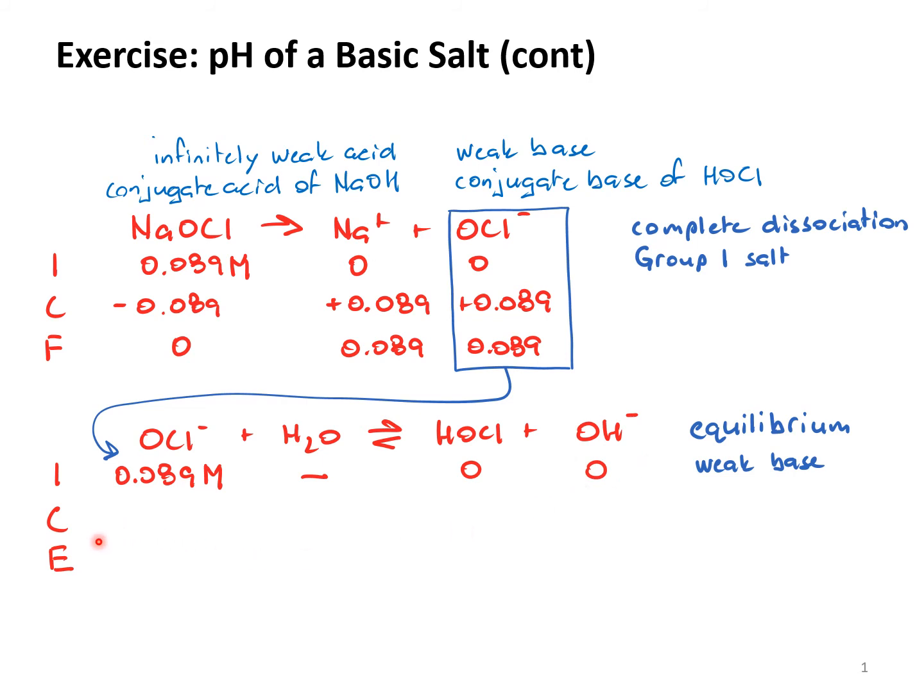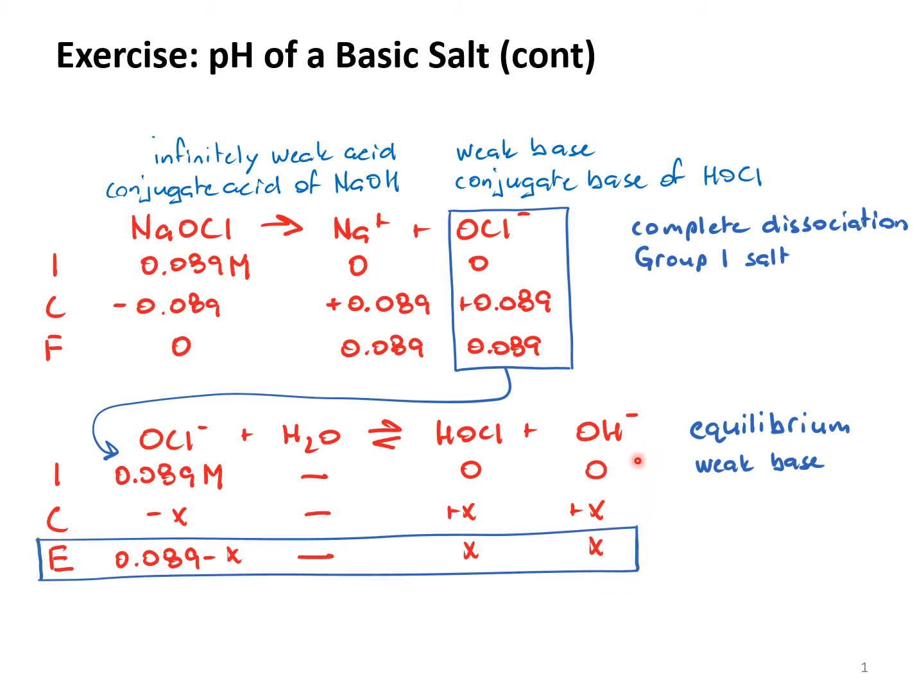Since the reaction is in equilibrium, we don't know exactly how far the equilibrium will shift, so the change in concentration will be negative X on the reactant side and positive X on the product side. Adding the columns together gives us 0.089 minus X for the equilibrium concentration of hypochlorite, X for the equilibrium concentration of hypochlorous acid, and X for the equilibrium concentration of hydroxide. So this last line, the equilibrium concentrations, is the line we will use to calculate the pH.